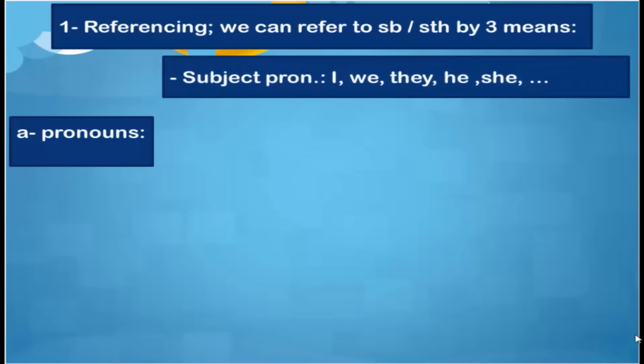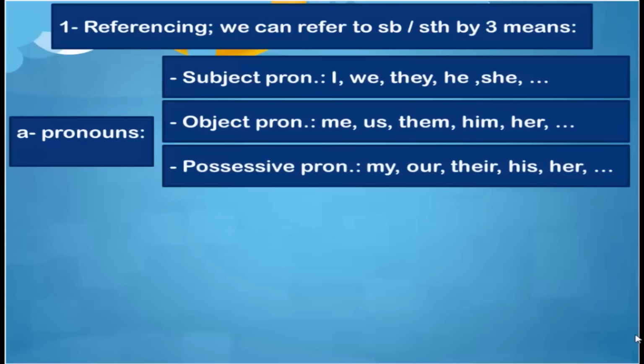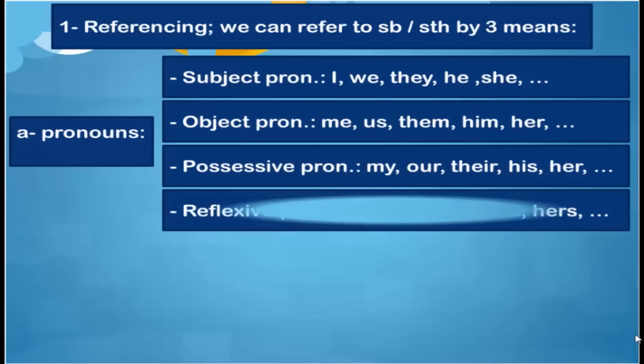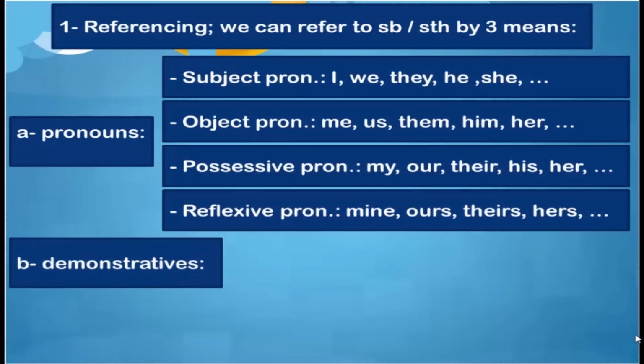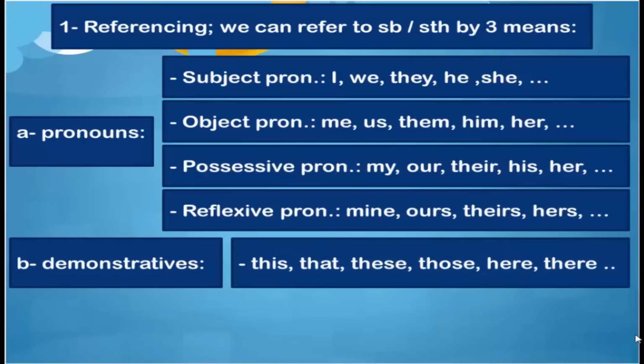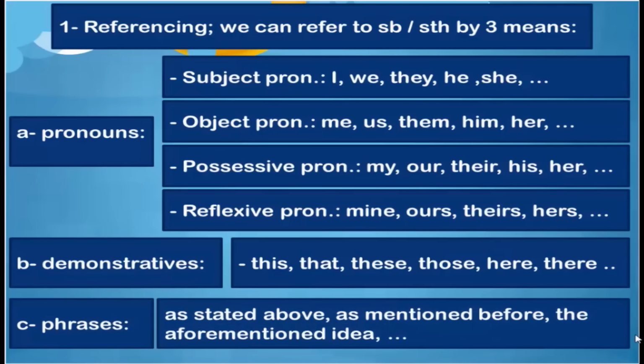Number 1 is by using pronouns, and there are 4 categories of pronouns, as you all know: the subject pronouns, their object pronouns, possessive pronouns, and reflexive pronouns. You can refer to somebody or something by using demonstratives, and you can refer also by some phrases like, as stated above, as mentioned before, the aforementioned idea, etc.